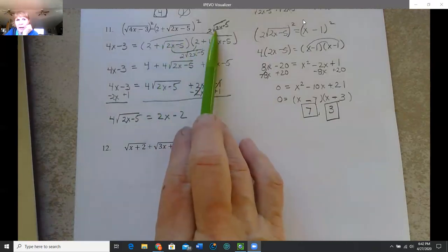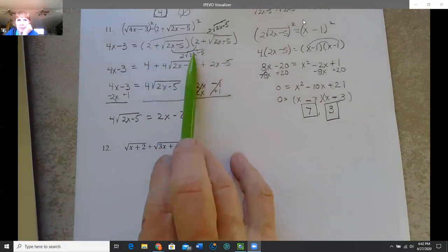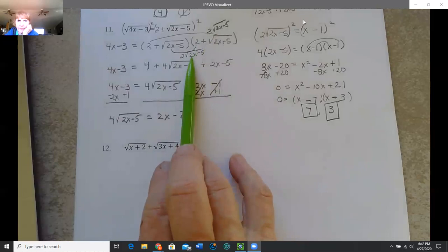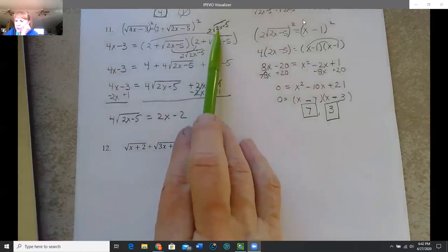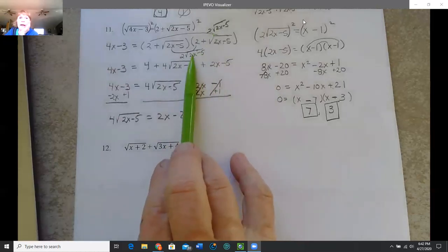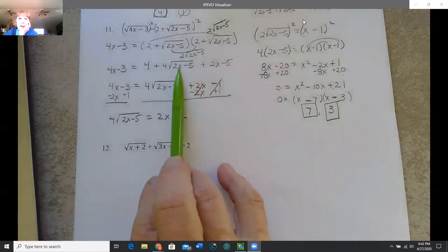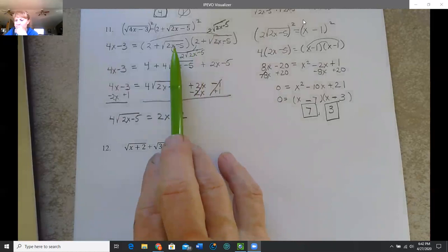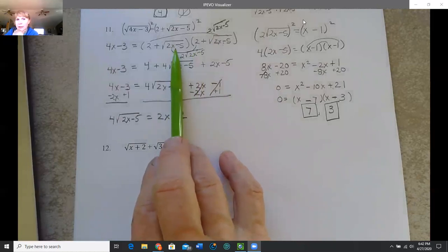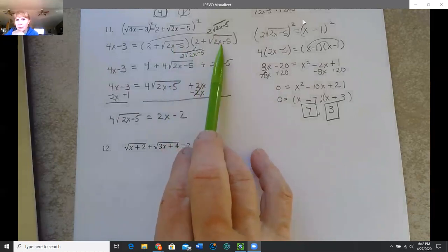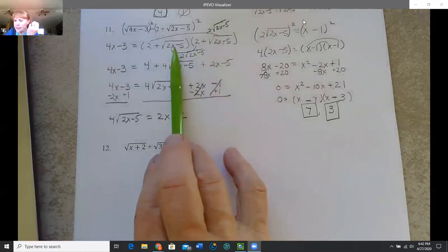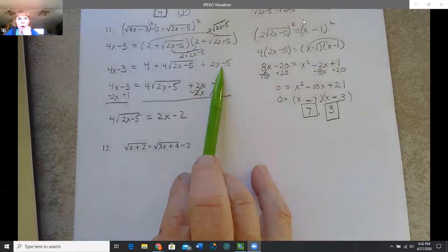And then when you multiply the outsides and the insides, these are going to match every time. So you end up with 4 of those. Another hard part is when you take the square root of 2x minus 5 times the square root of 2x minus 5, you end up with 2x minus 5 and the radical disappears.